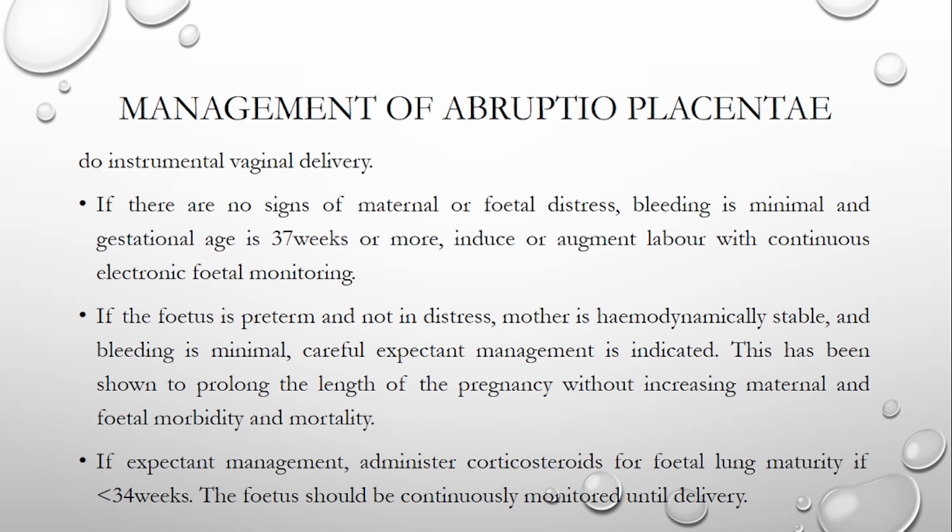But in some cases with a preterm fetus that is not in distress, expectant management may be done, but we need very close fetal monitoring. As I said, if the baby is less than 34 weeks, there may still be a place in your expectant management to administer corticosteroids for fetal lung maturity, and within 24 to 48 hours, effect delivery of the fetus.